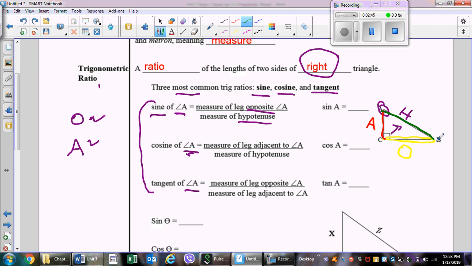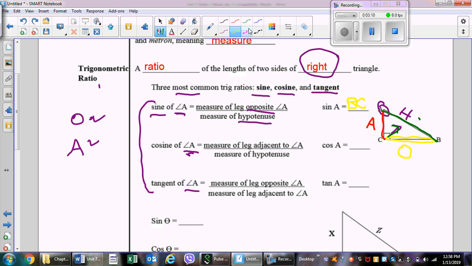Since it's opposite to the 90-degree angle, this side, which is AB, stays the hypotenuse. So when they ask you to write sine of an angle, you're writing the ratio of the sides. So the measure of the leg opposite to A, in this case the opposite leg is BC, right?